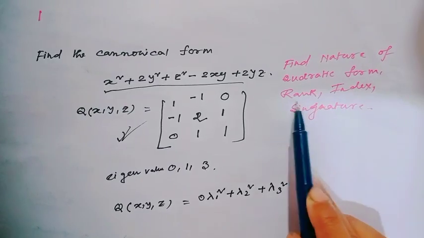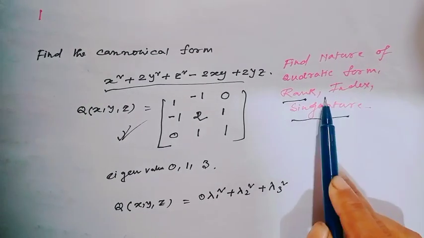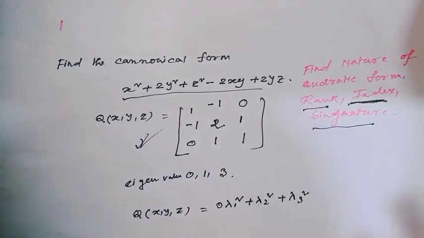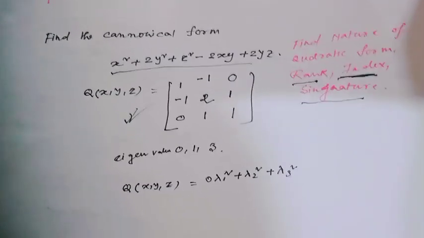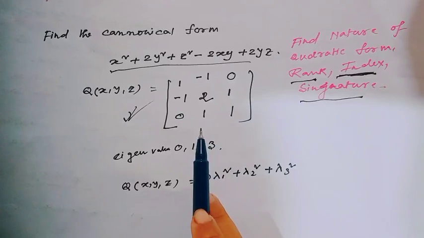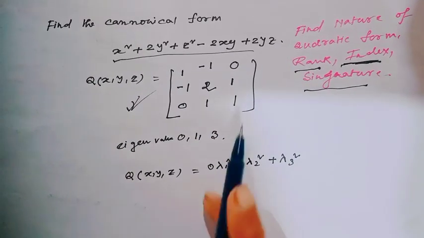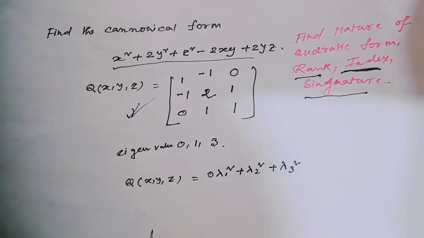Nature means the rank of the matrix, the signature of the matrix, and the index. Here index is a new term. Actually index means the number of positive eigenvalues. Just answer what would be the eigenvalues. The eigenvalues of this matrix would be 0, 1, 3.